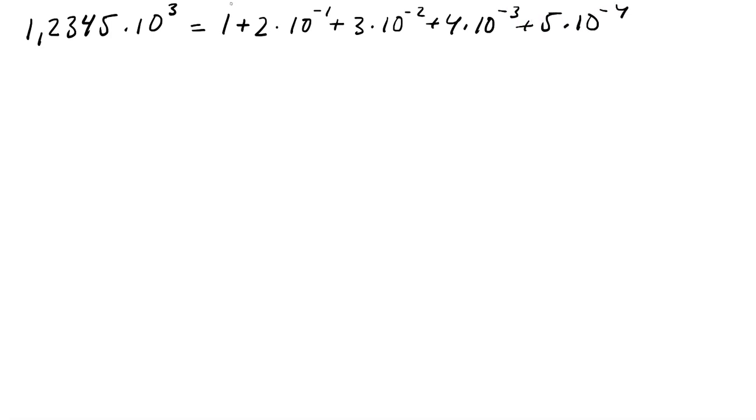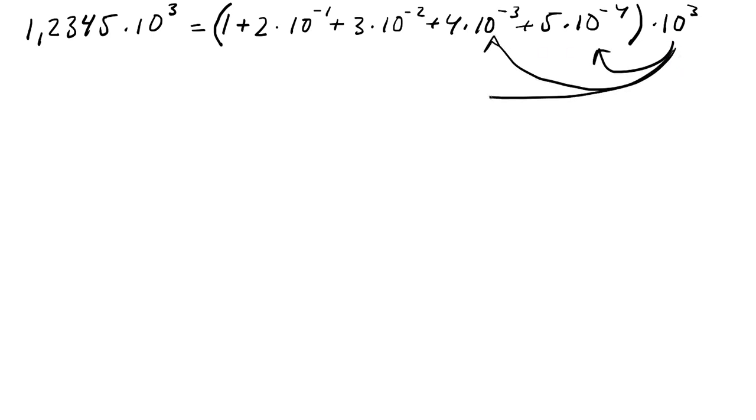So now we have written that in the base 10 positional system, extending to decimal numbers. But now we can use a rule for multiplying sums. So this needs to be multiplied in here, all combinations.